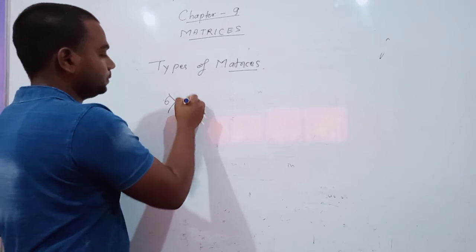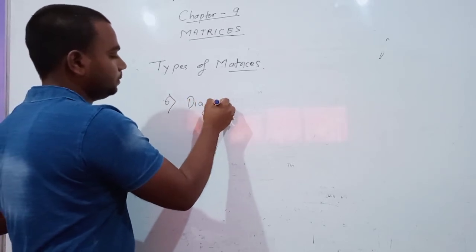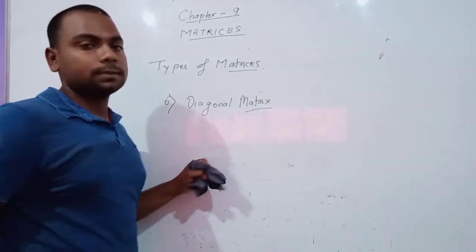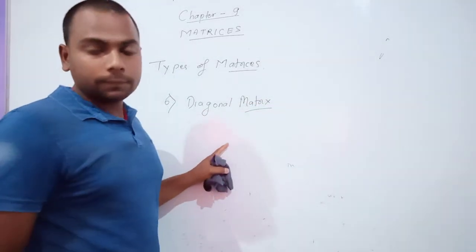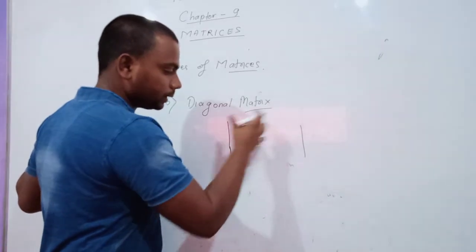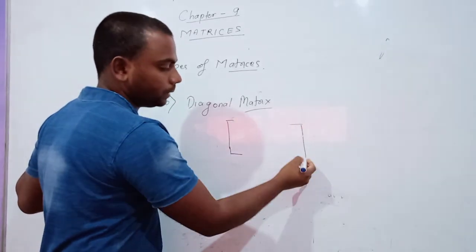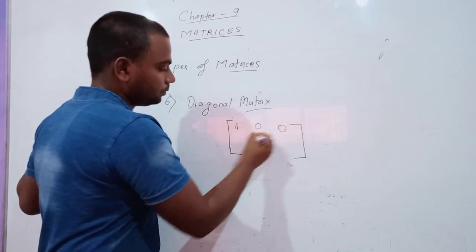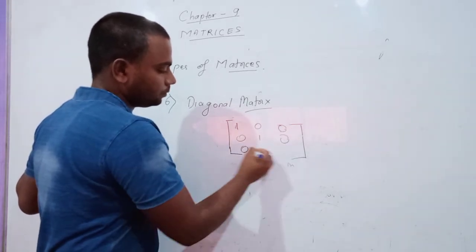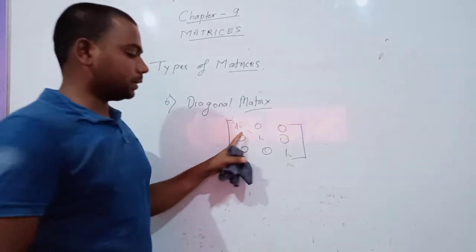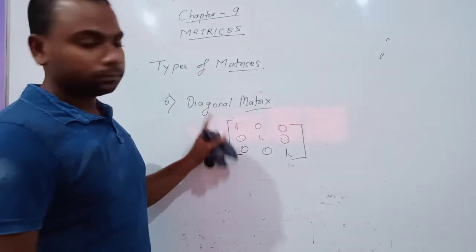Okay. Sixth point comes, diagonal matrix. What is a diagonal matrix? We will consider one matrix in which, here you can see in the cross, there is a numerical value, there is a number.